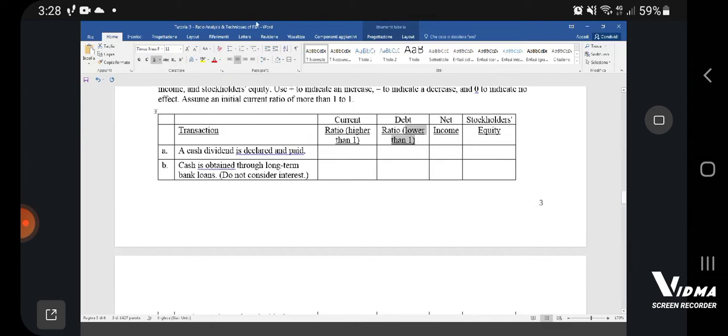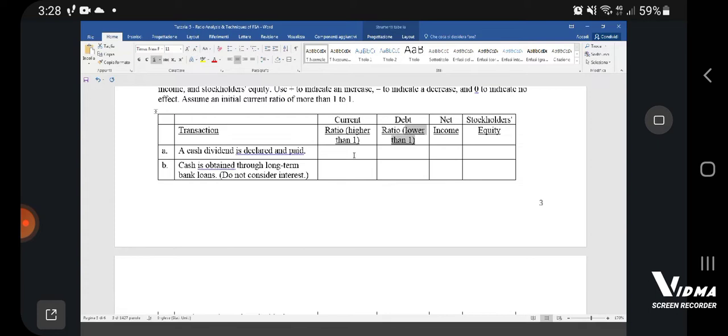If we declare and pay the dividend at the same time, what does that cause to the structure of the financial statements? We have a decrease in the current assets and also an associated decrease in the equity, because dividend is an appropriation or distribution of profit.